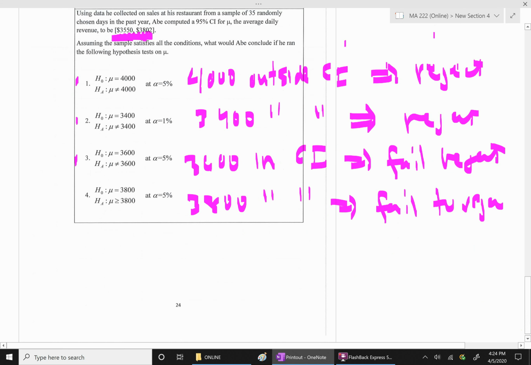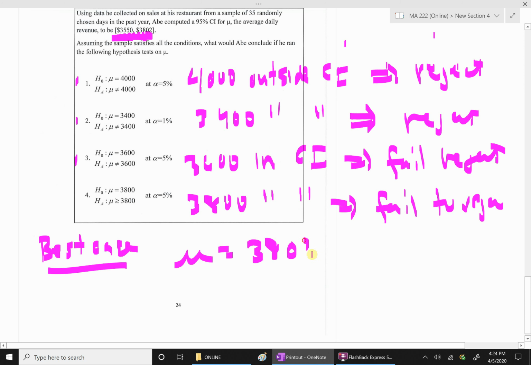Now I want to do this best and worst case scenario calculation. So here's the idea. Suppose Abe is writing a budget, and Abe wants to estimate what his total revenue will be for next month. Notice that the best case scenario says that mu is going to be 3,802.